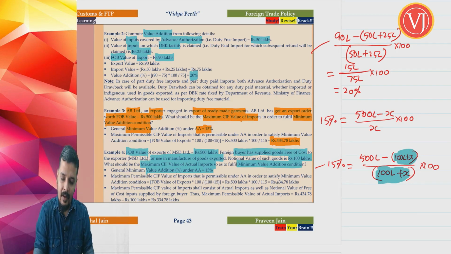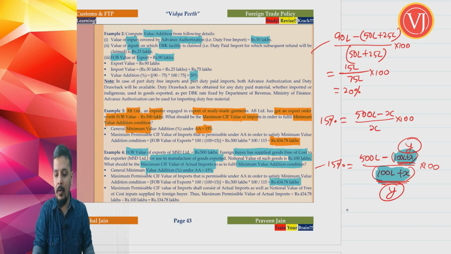So what it is done is, first step, you can directly find the same 434.78 lakhs. Rather than keeping it as X, you can keep this entirely as Y. Find out Y, and X will be equal to Y minus 100 lakhs.